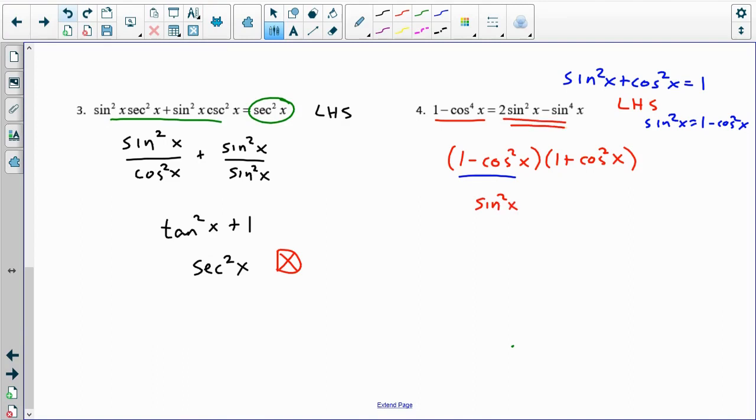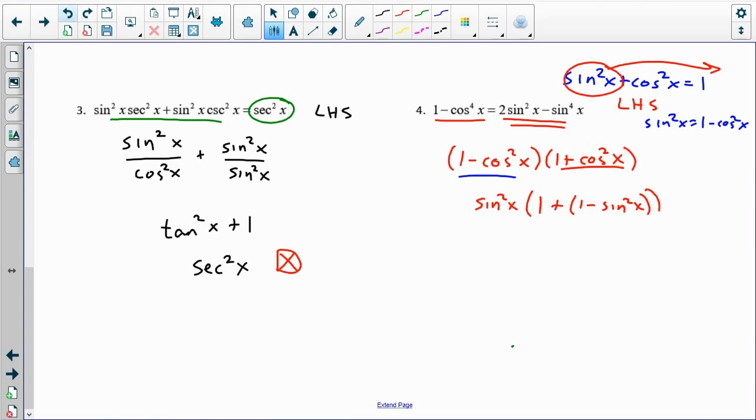Now 1 plus cosine squared, I want to get a bunch of sines. So I'm going to rewrite cosine squared as 1 minus sine squared, which I could also do if I subtracted sine squared to the other side in this equation. So I just rewrote the cosine squared part as 1 minus sine squared.